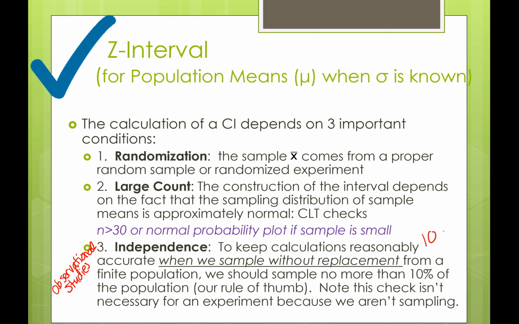So we use 10n less than N in order to check it, where n is our sample size and big N is our population size. Or some books will also write it as n is less than 0.1 times the population. However you like, it means the same thing.